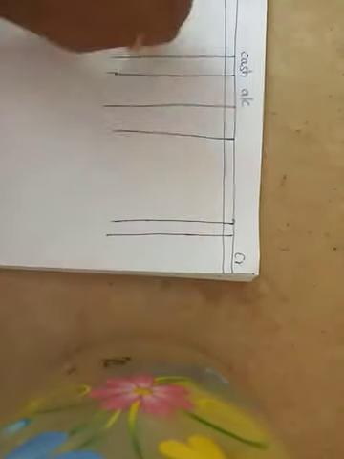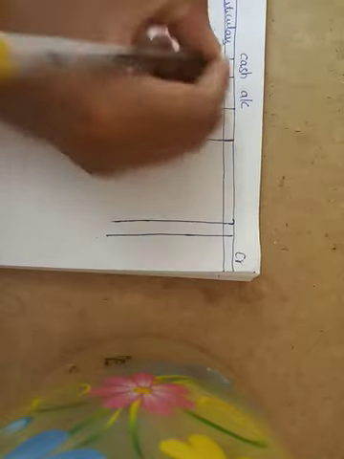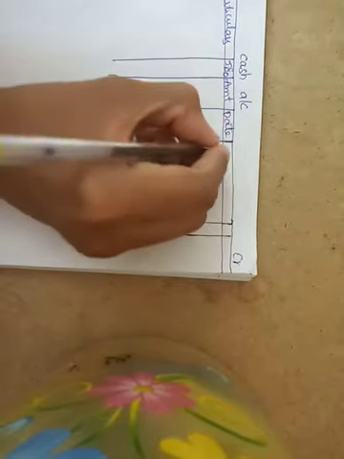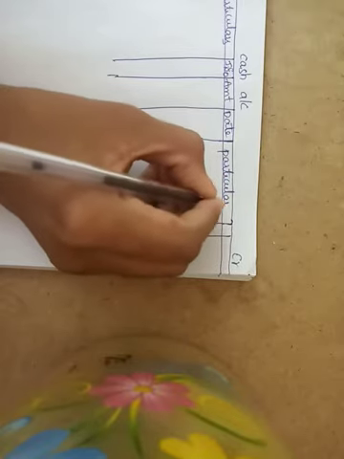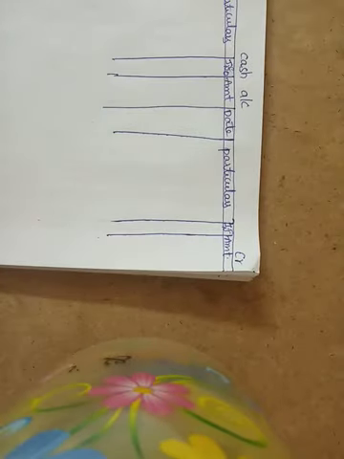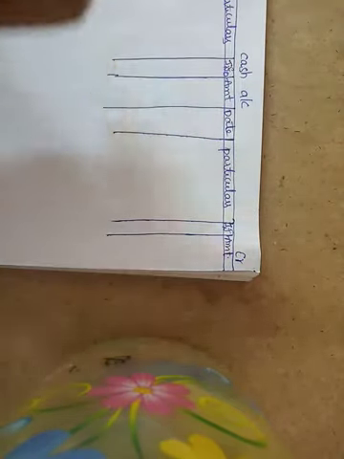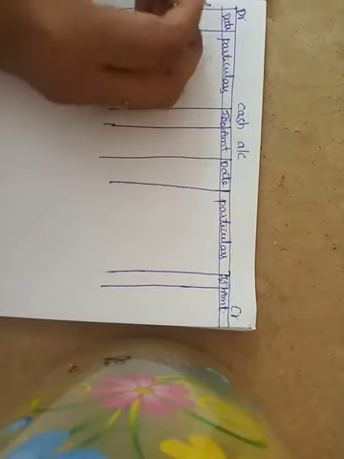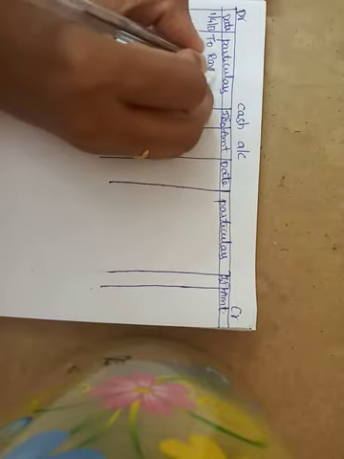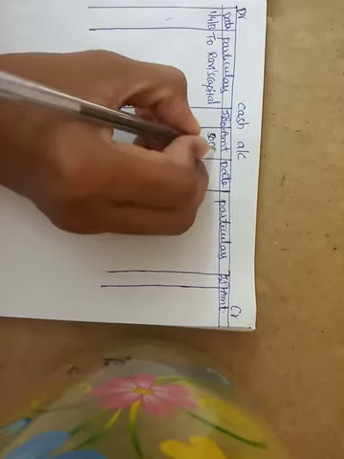Debit, credit, date, particulars, JF number, amount. Date, particulars, JF number, amount. Okay. See, on the first date, what is the entry? Cash account debit to capital account. Which account are we preparing? Cash account. So on the cash account debit side, to Ravi's capital, 1st April 2013. How much is the amount? Rupees 50,000.